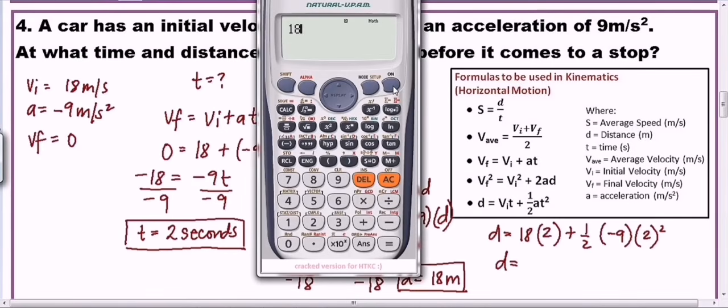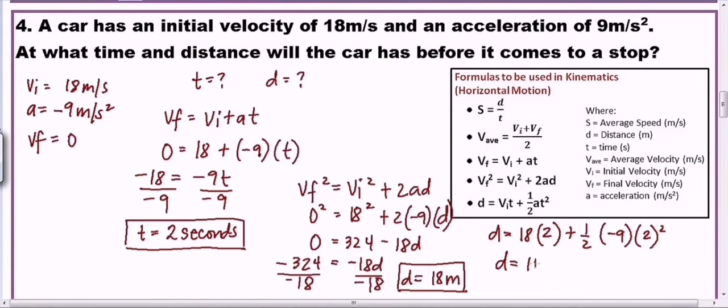So, 18 times 2, plus 1/2 is 0.5 times negative 9 times 2 squared. Ayan, parehas lang, guys. 18 lang din. So, pili lang kayo dyan. Pwede kasi sila parehas. So, same answer ang lalabas dyan sa dalawa.